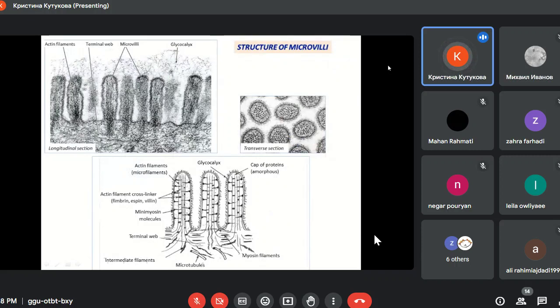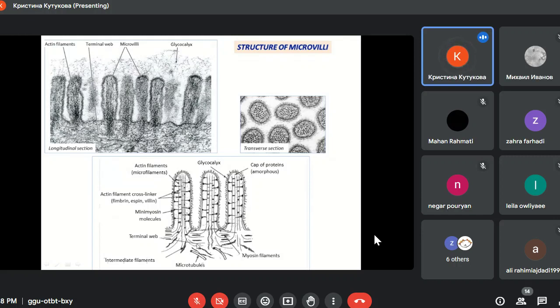Next, microvilli. Microvilli also are protrusions of cell membrane and cytoplasm, and they have actin microfilaments inside them. These actin microfilaments are attached also to the terminal web inside the cytoplasm of the cell.